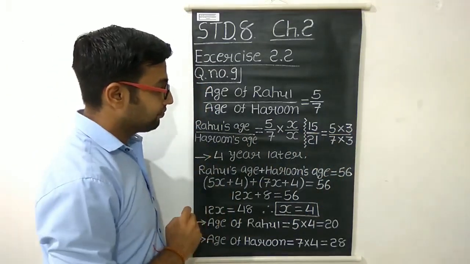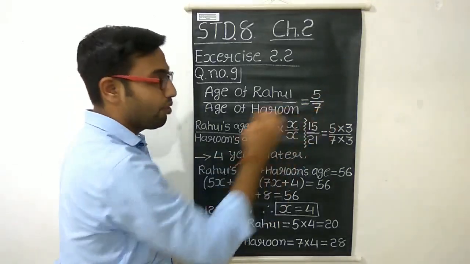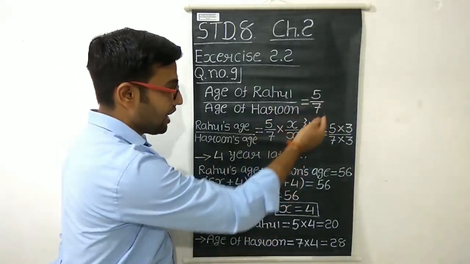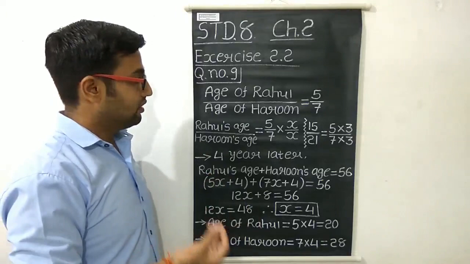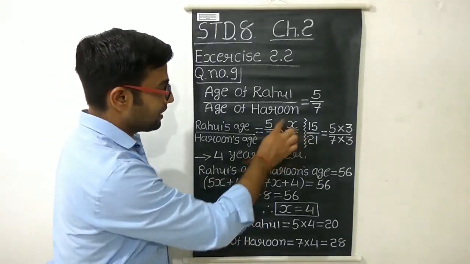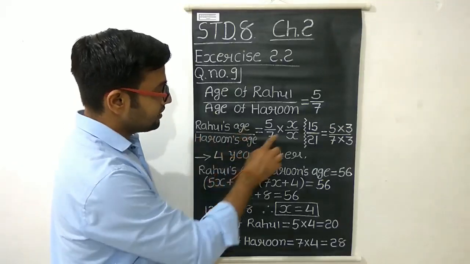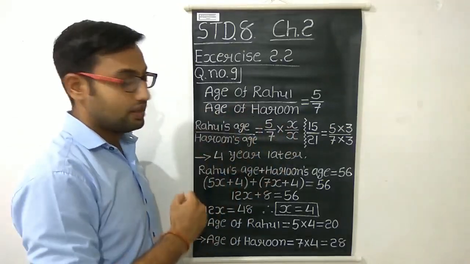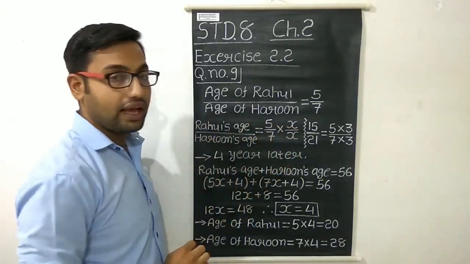In the same way, maybe there is a common factor 2, maybe there is a common factor 5, so we don't know that number. So let us take that number as x. The common factor in both the ages is now x. So we have to multiply this 5 with x and this 7 with x.